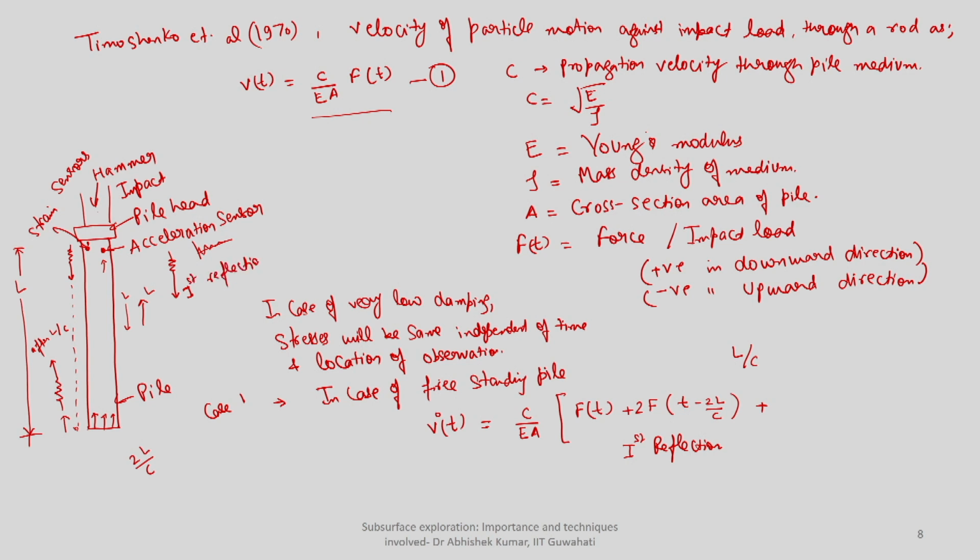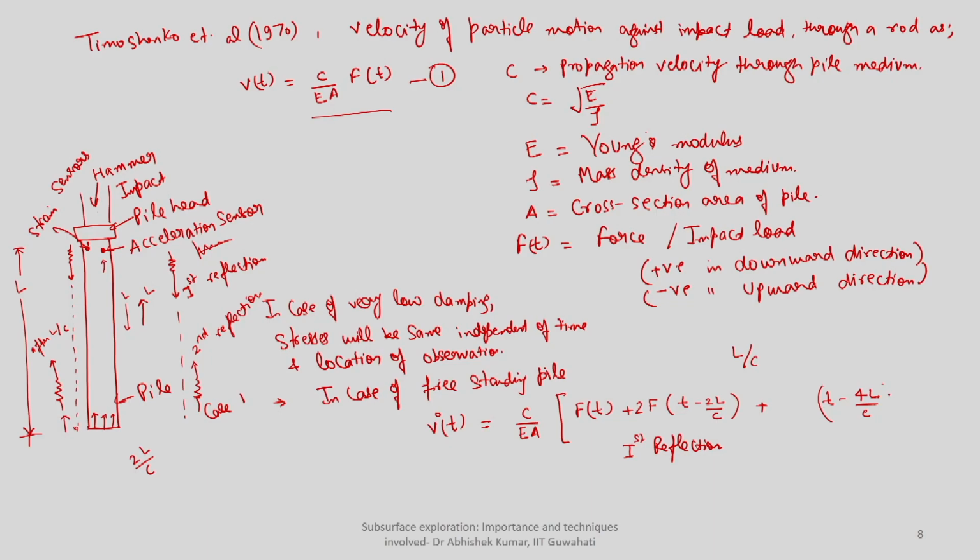will again, just like your actual hammer impact, start travelling downward, and again there will be some kind of second reflection. So, the second reflection will be T minus 4L by C, because 2L by C was the actual start of that reflection from the pile head, and then it came to the toe and was reflected back.